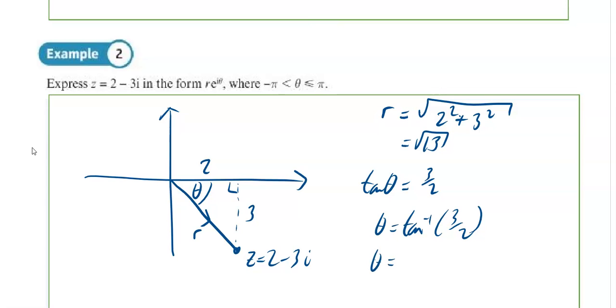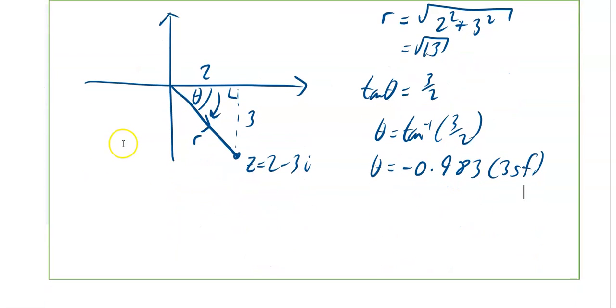Remember it's this way, so it's going to be a minus, below the real axis, I should say. So minus 0.983 to 3 sig figs. Okay, I haven't actually answered the question, so just say, therefore, z is equal to root 13 e to the minus 0.983 times i.